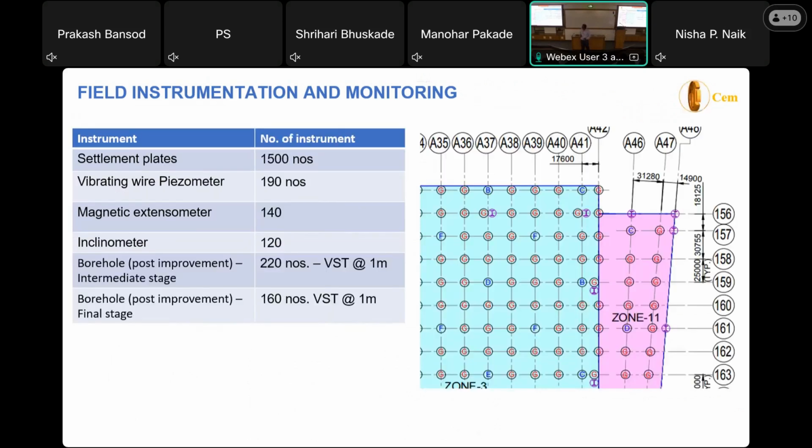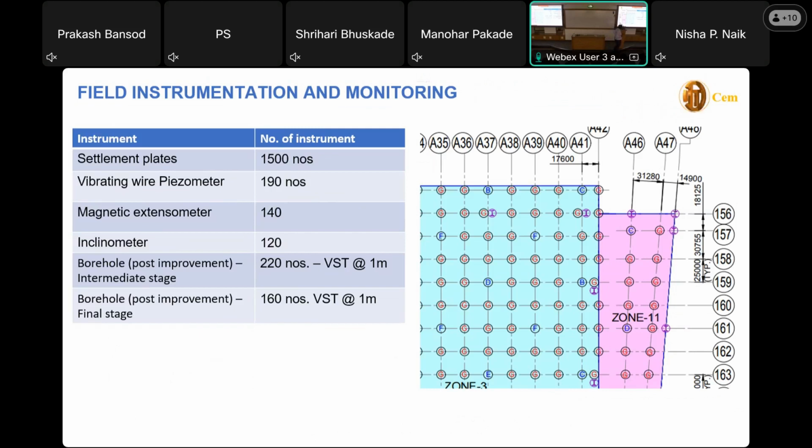This was the typical plan of that project, showing how the instruments were installed. It is roughly installed in a 25 by 25 grid, 25 meter by 25 meter, which is very close. We have installed almost 1,500 settlement plates and around 200 vibrating wire piezometers, magnetic extensometers 140, inclinometers 120.